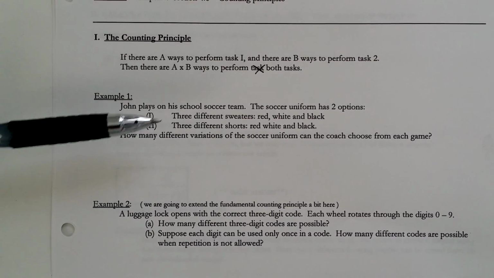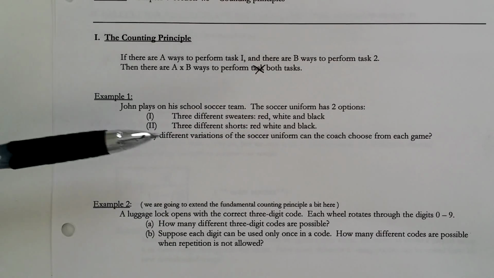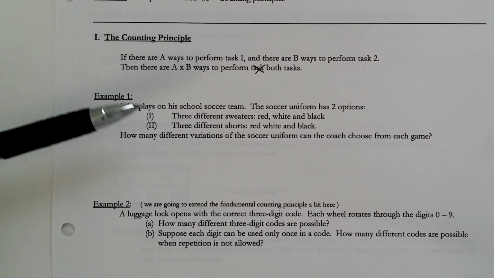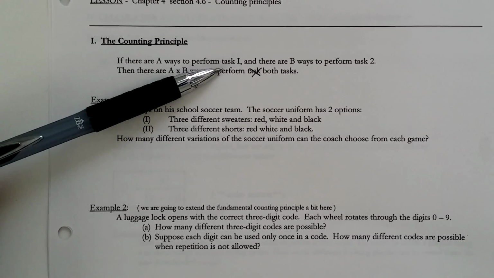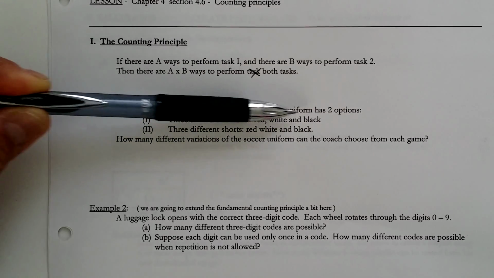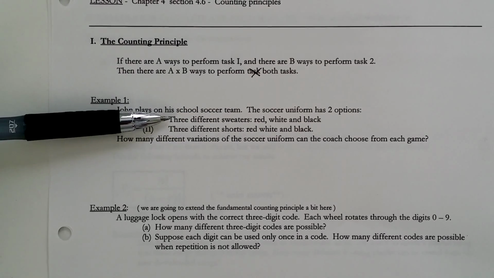So remember that there are 3 different colors for the sweater, and there are also 3 different colors for the short. So you can think of the first as task 1, there's 3 different colors. That means that there's 3 ways to choose task 1.